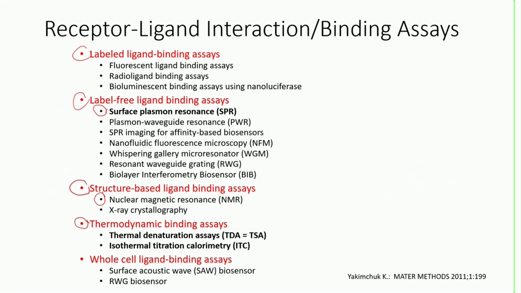These are nuclear magnetic resonance and X-ray crystallography. For these two methods, we can directly observe the interaction of the ligand with the target. So these two methods are structure-based ligand binding assays, and we can see the details of the interactions, which is not the case of the other methods.